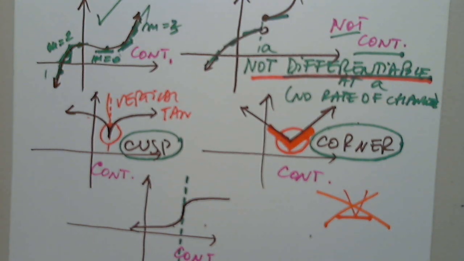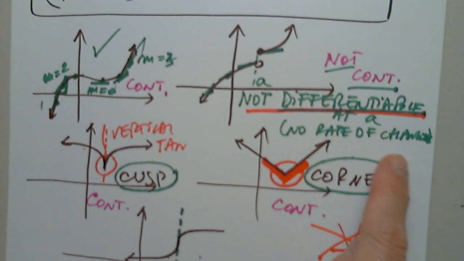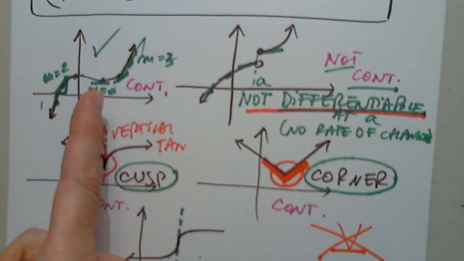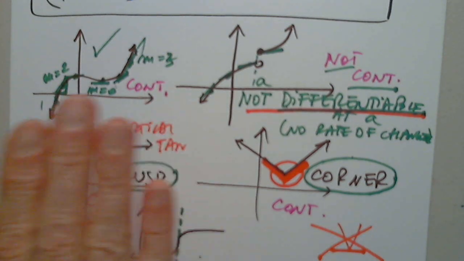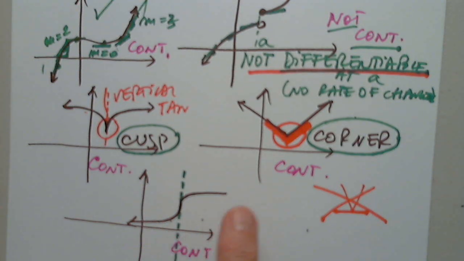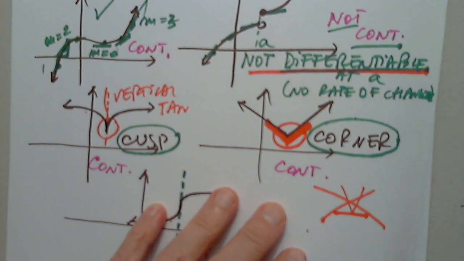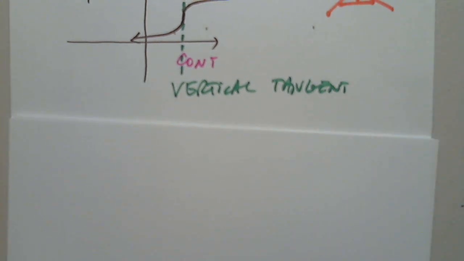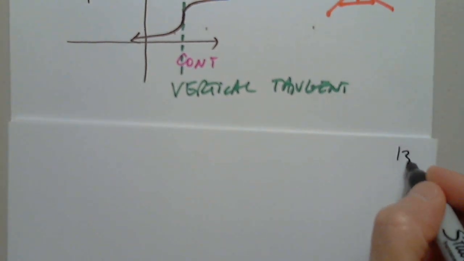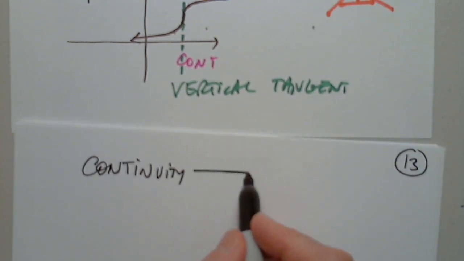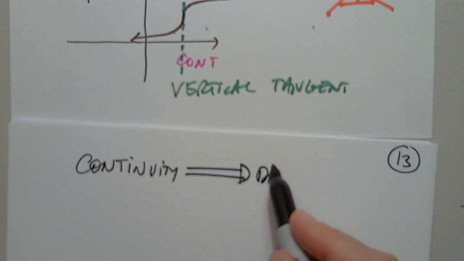So a function has a rate of change if it is continuous at every point, if it is continuous but does not have a cusp, a vertical tangent, or a corner. So we say, and here's a question for you: continuity implies differentiability.